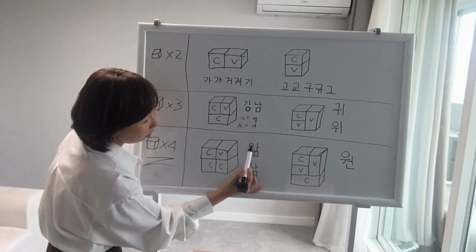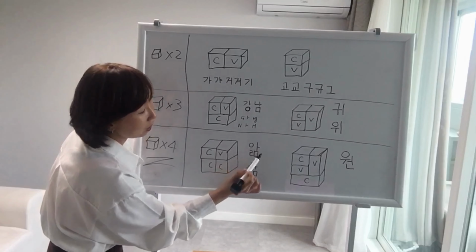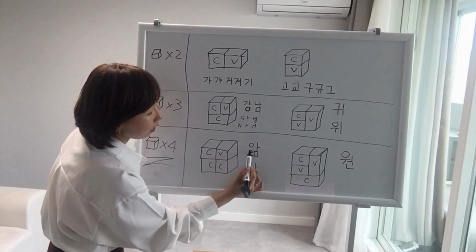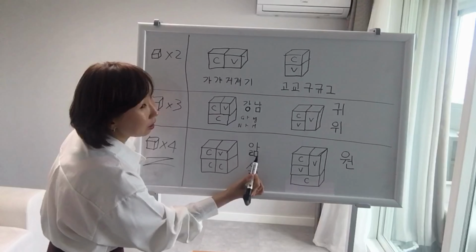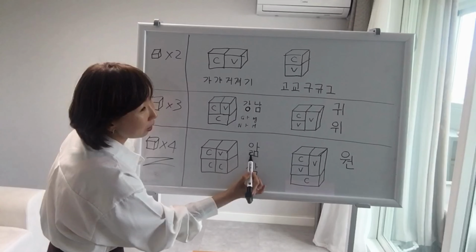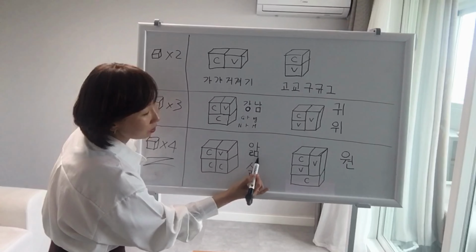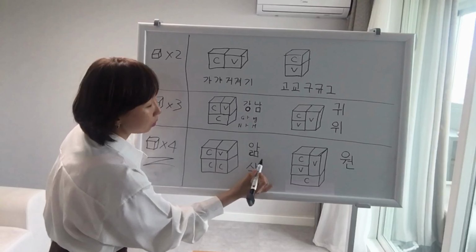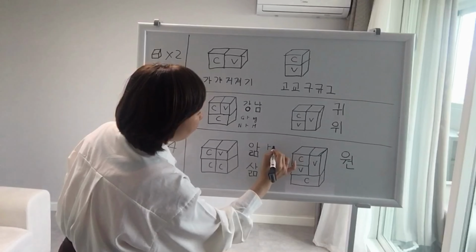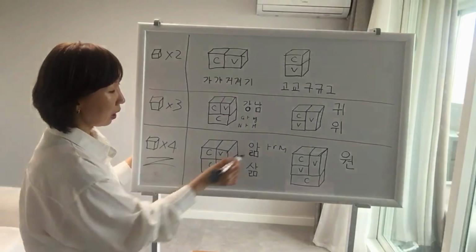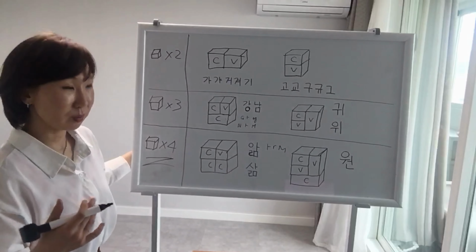Again, the ieung is like no sound, so it follows this vowel sound a, and then this is rieul, right? Road for R or L, and then there's mieum, M, so 앎 means to know.